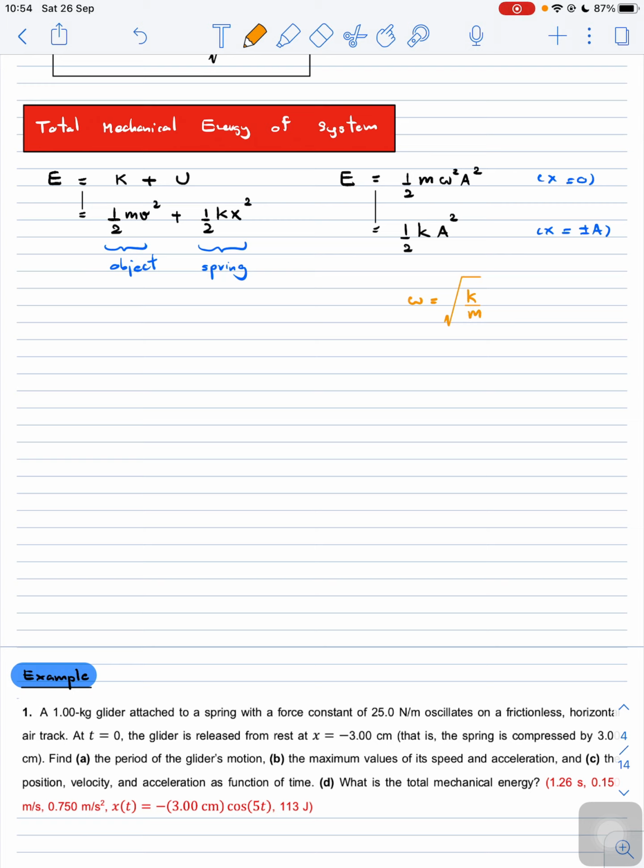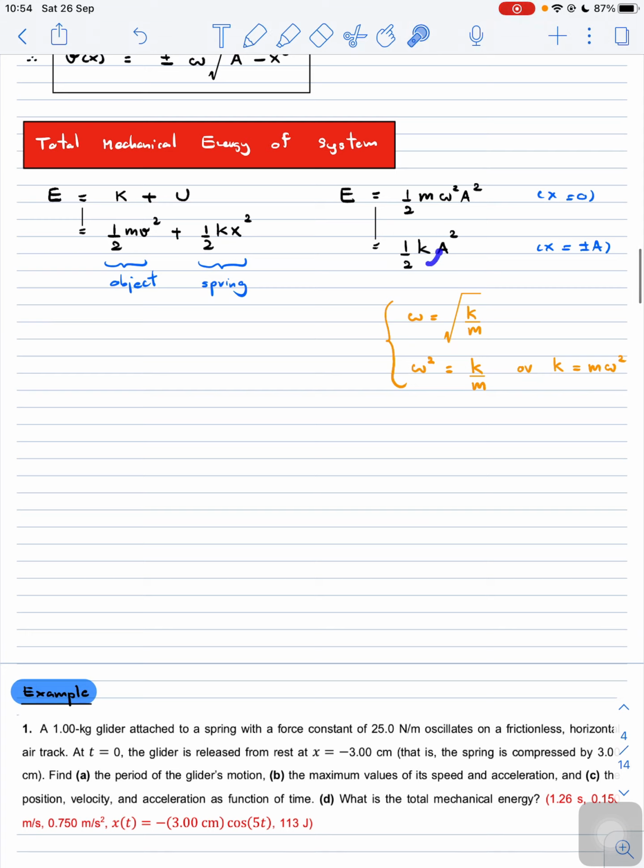Then if we square both sides of the equation, we have omega squared equal to k over m. Or we can just get that k equal to m times omega squared, and that's it. So these two equations are the same, right? And actually we can just use this relationship to plug into this one as well, so no problem at all.